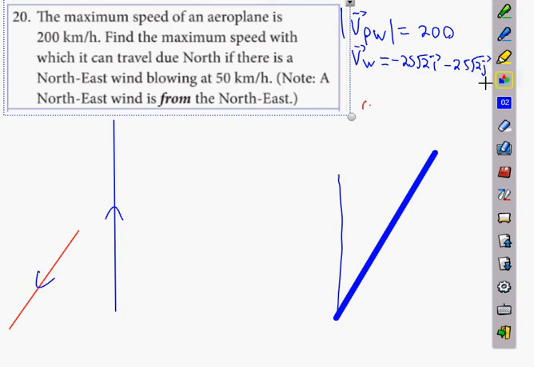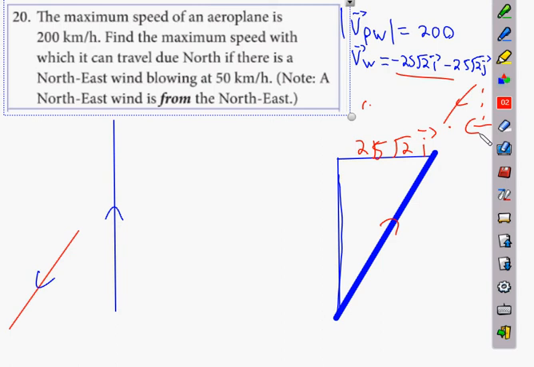Because we want to go straight up, we need to have a component that goes 25 root 2 I to the right. Is everybody happy with that? That's how fast we're going to the right, because we want to combat the wind part going to the left.